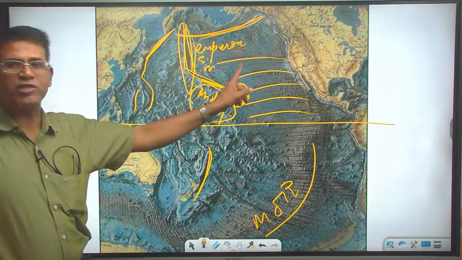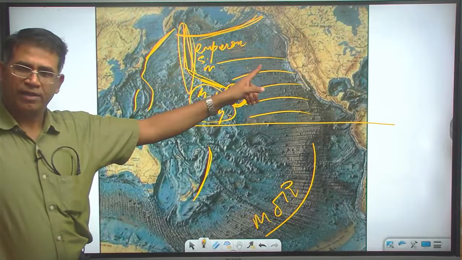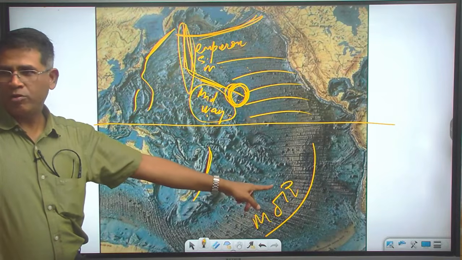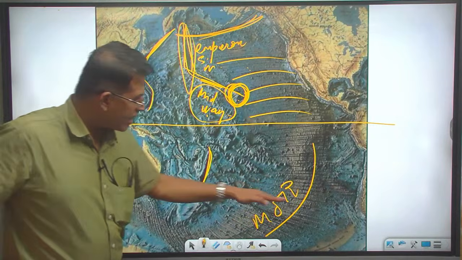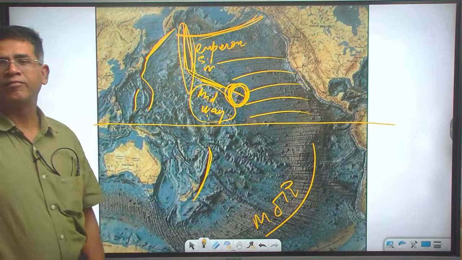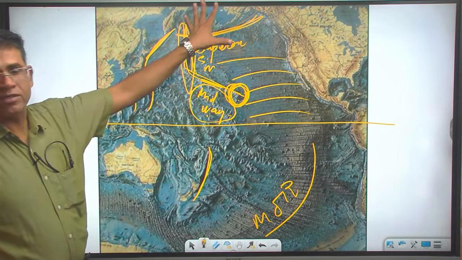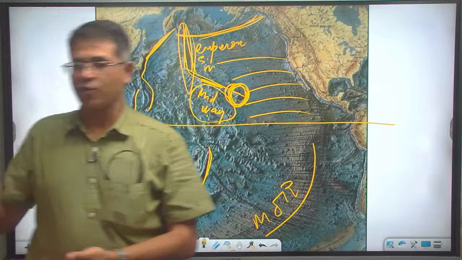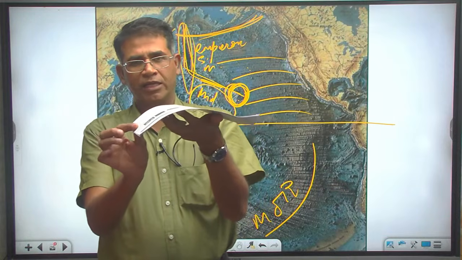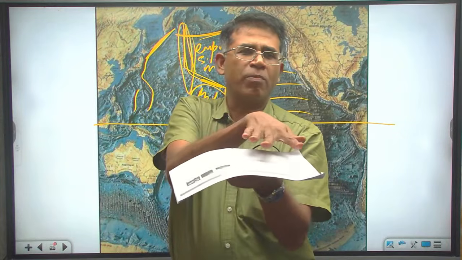So we are calling these fractures, we are not calling them transfer faults. The mechanism of the two is different. This is because of the differential rate of spreading. So this is a transform fault, but this one we will call a tensile fracture. Because the ocean is moving northwards and subducting here, it is getting stretched here. This is the ocean floor, and it is subducting downwards like this. While pulling this, you can imagine the ocean plate is very, very heavy. So when you're pulling it here, some parts get stretched and they open up.